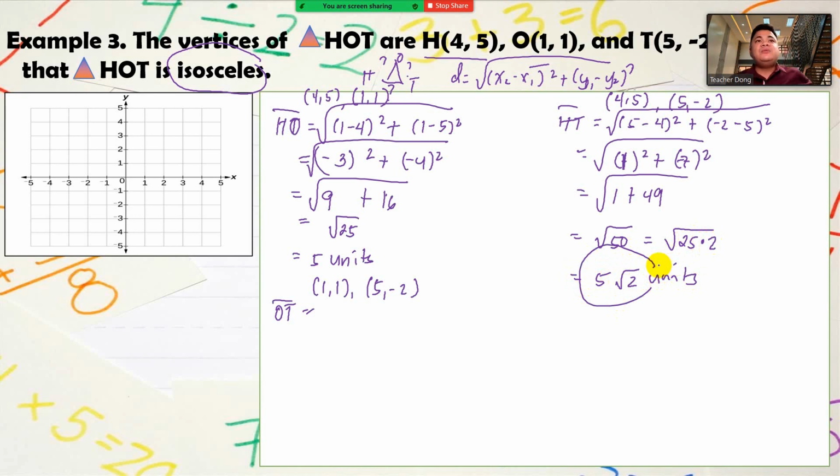Now, for it to become isosceles, we have to have at least 2 sides that are congruent. So let's proceed to OT. It must be 5 or 5 square root of 2. If not, it's not an isosceles triangle.